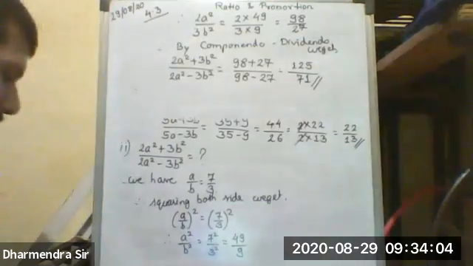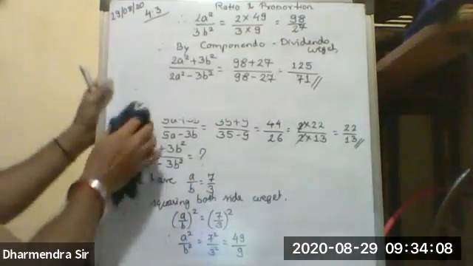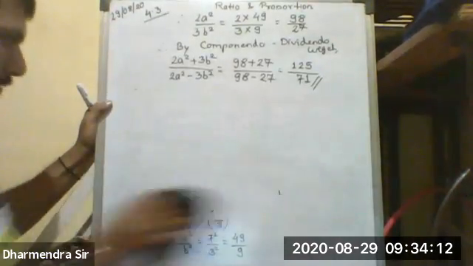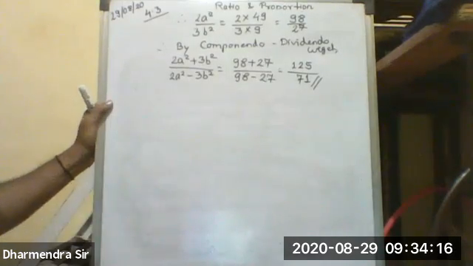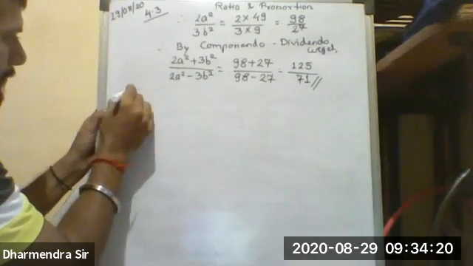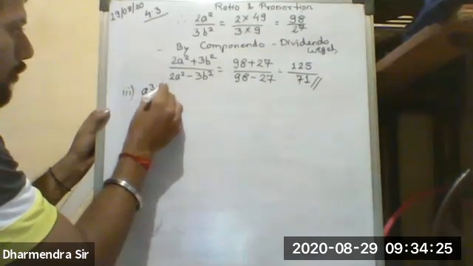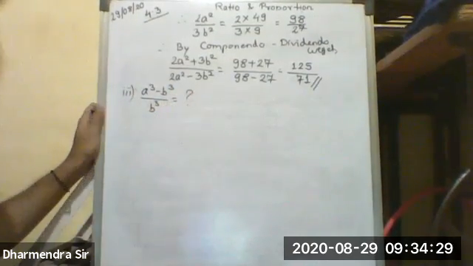Now third. So third says it is a cube. You have to take a cube of a by b. Third, we have to find (a³ − b³) upon b³, question mark.